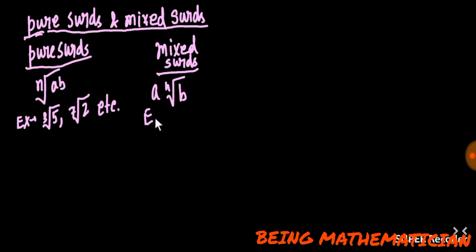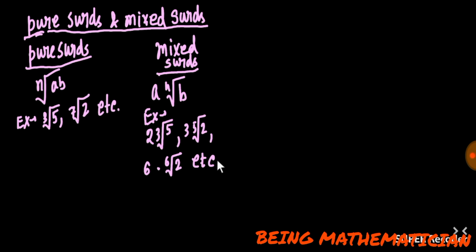Numeric examples are 2 into cube root of 5, 3 into fifth root of 2, 6 into sixth root of 2, etc. That means in mixed surds, one number is rational and one number is irrational. But in pure surds, the number is completely irrational. There is no rational number.